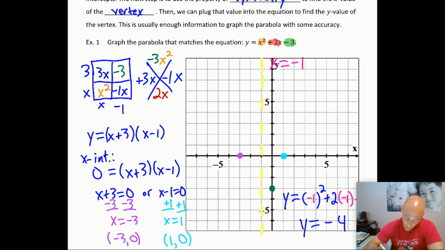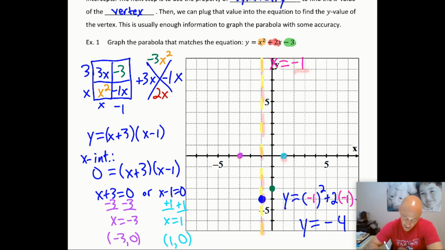So that tells me that when x is -1, y is -4. When x is -1, that's on this line, y is -4, so right there. That's our vertex. So first we found the x value of the vertex. It had to be on our axis of symmetry, which was halfway in between our two x-intercepts.